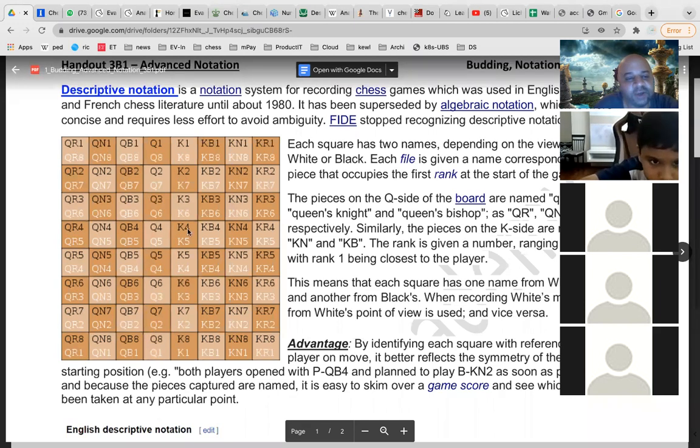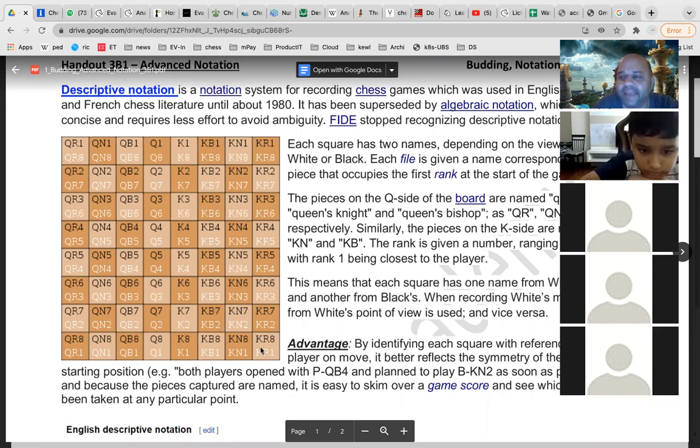The second difference is that instead of having unique names like for the files, where we had the names A, B, C, D, E, F, G, H, which is unique. A means A, irrespective of whether white is looking at it or black is looking at it. It is a queen side rook file from the white side, and it is queen side rook file from the black side also, right?